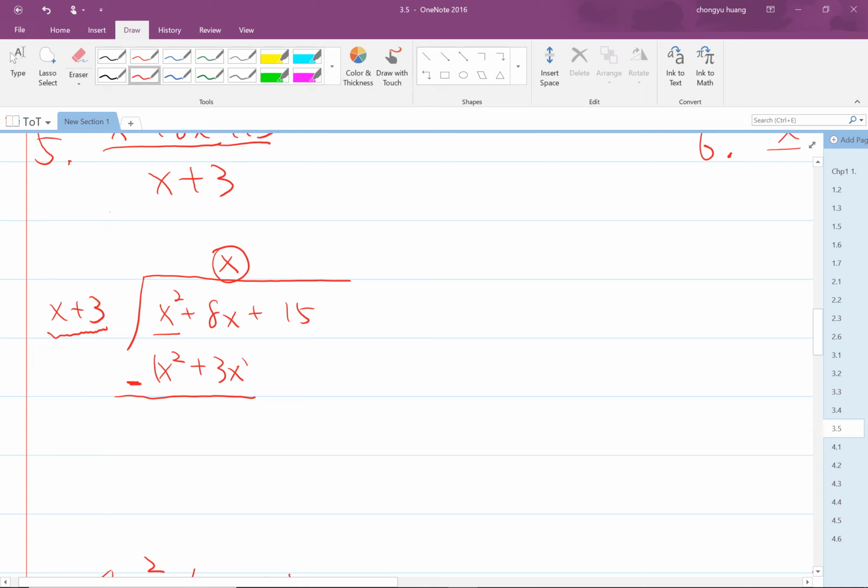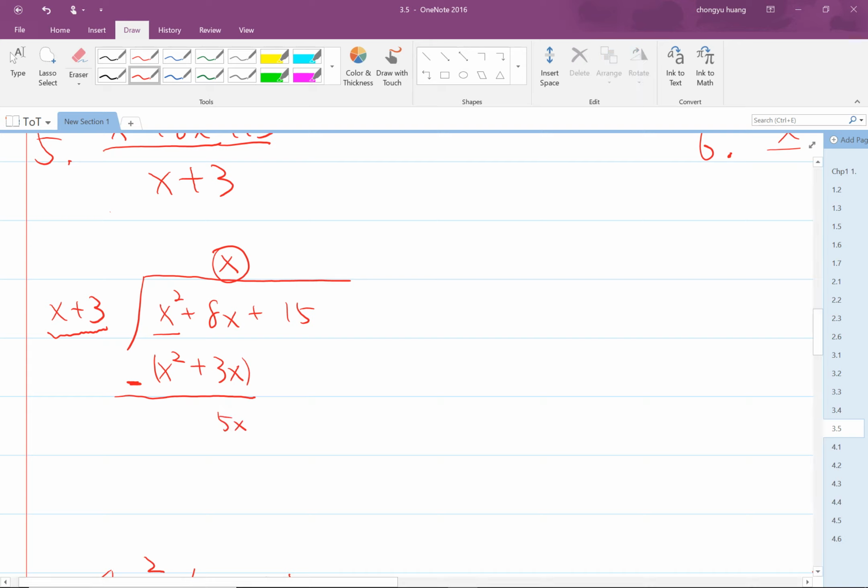Let me put the brackets down, so you want to subtract it, right? So x to the power 2 minus x to the power 2 is equal to 0, and then we have 8x minus 3x, so it's going to be 5x, right?